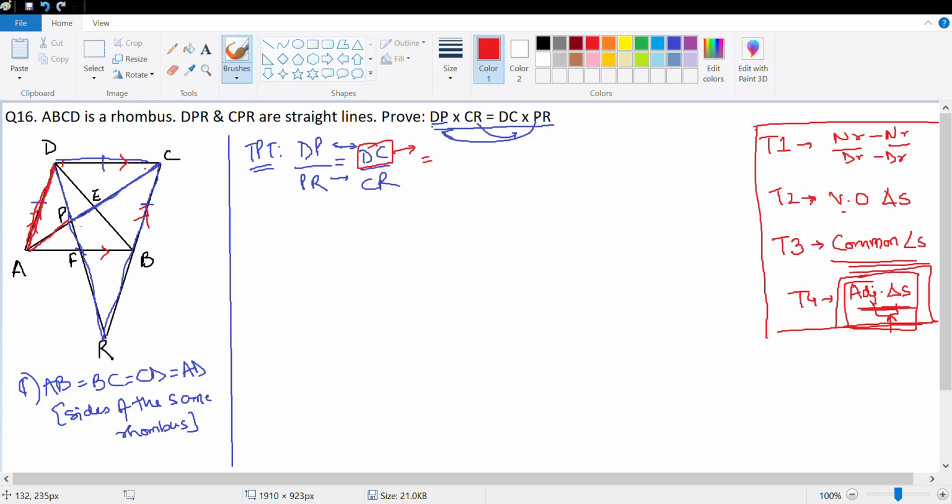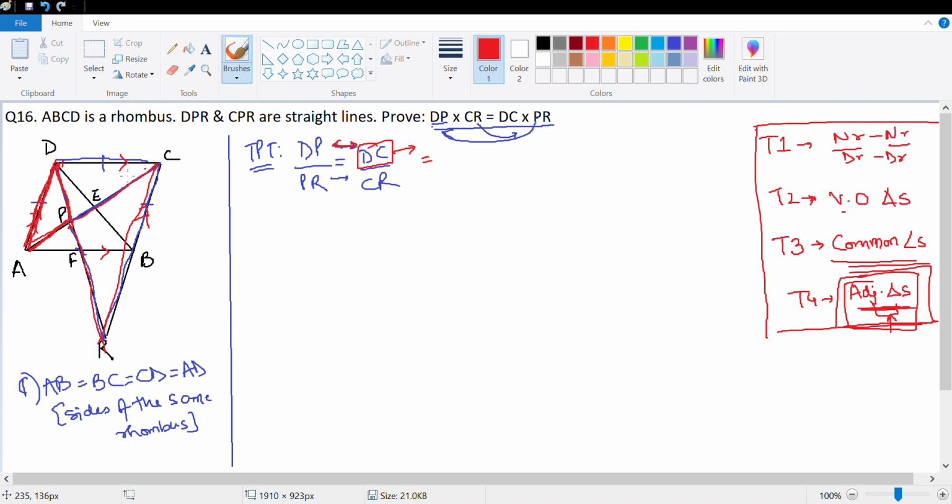So if I can get these two triangles similar, which is DPA and CPR. I'm again repeating how I shortlisted this triangle. First, using this small trick, we got DPC, and I realized the triangles that I'm getting are adjacent triangles. So that's how I moved on to another triangle which will make my life simpler in terms of vertically opposite triangles.